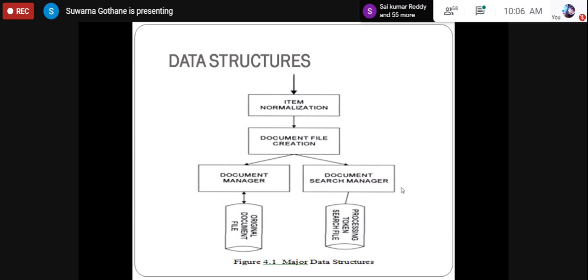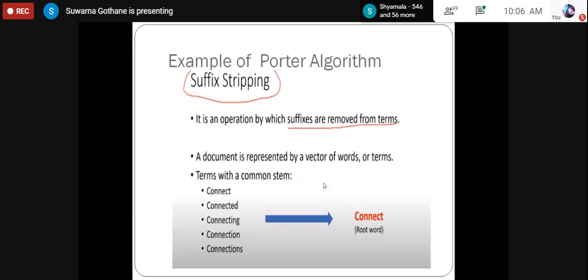Whenever the user fires a query, a document file is created for that information, and the document search manager manages all its processing tokens. Algorithms are available for how this process is handled. Today we will see the Porter algorithm.